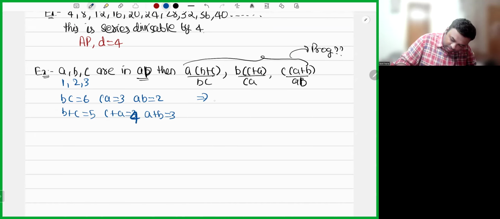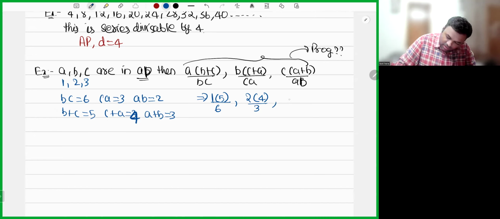Now A, 1 into B plus C, 5, by BC 6. B, 2 into C plus A is 4, by CA 3. C, 3 into A plus B is 3, by AB 2.